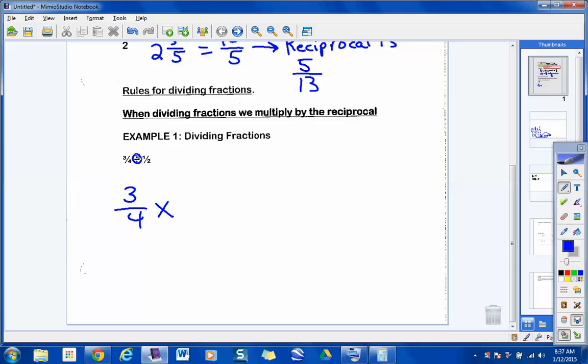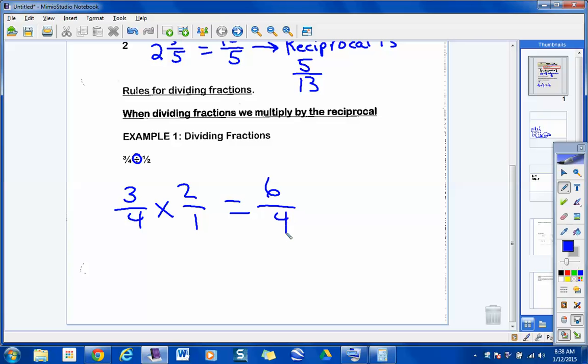So if I'm saying 3/4 divided by 1/2, that's really the same as 3/4 times what fraction again? 2 over 1. All right, this is where you reciprocate. Do you change the first one? No. Well, don't we know how to multiply fractions now? Okay, help me out here. What do the tops get you? What do the bottoms get you?